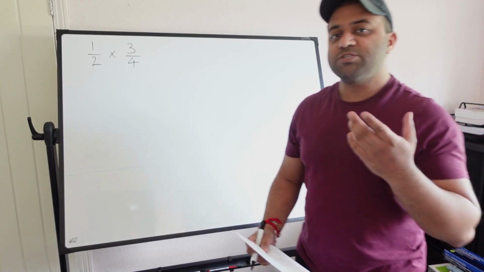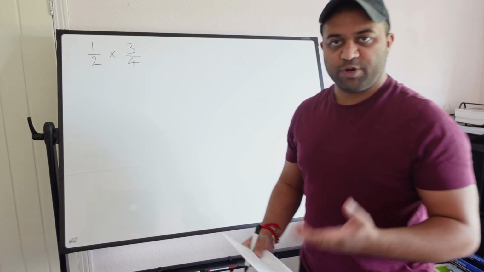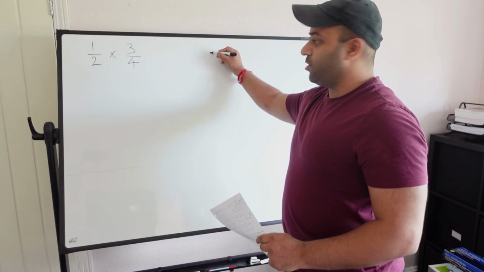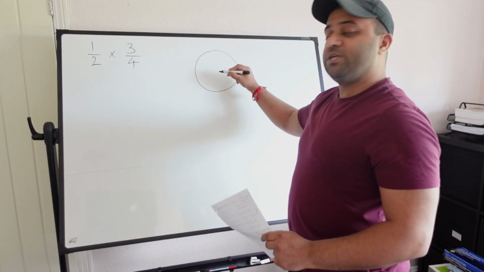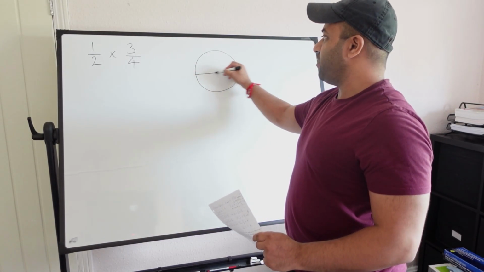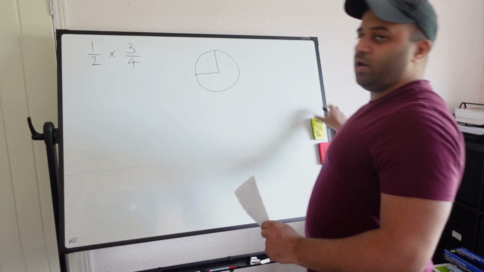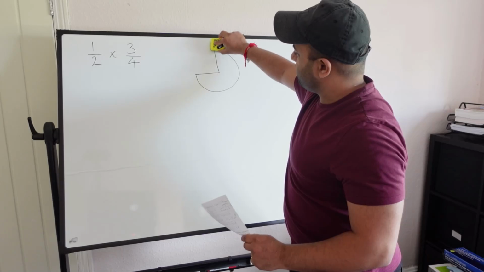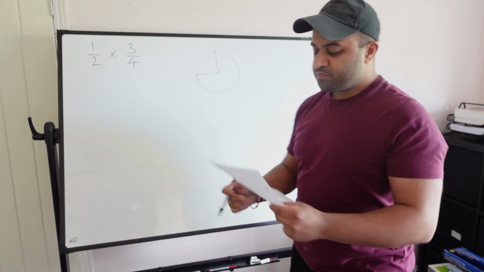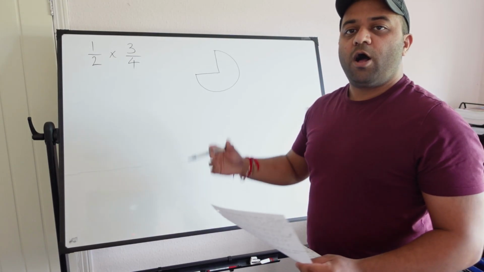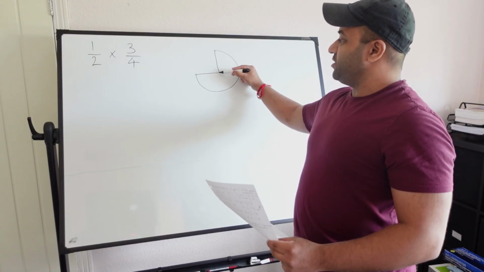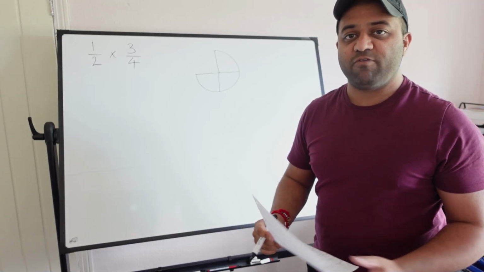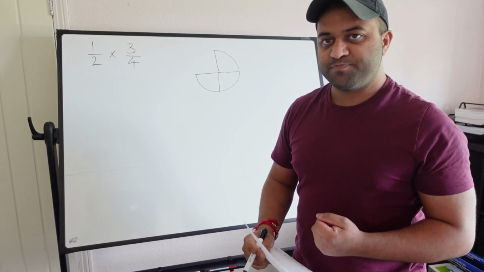So I'm going to begin by drawing the 3/4 as a circle. So a full circle would be like this, but we're only starting with 3/4 of it. So I'll erase this section. Now, I'll split this into its 3 separate quarters. So we literally have 3 of these quarters.